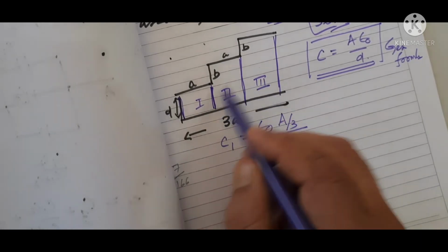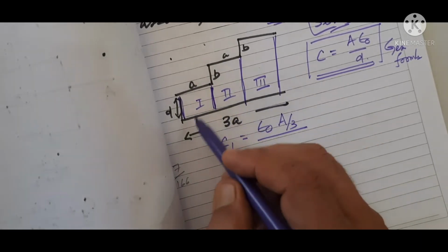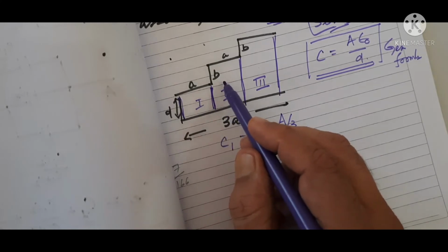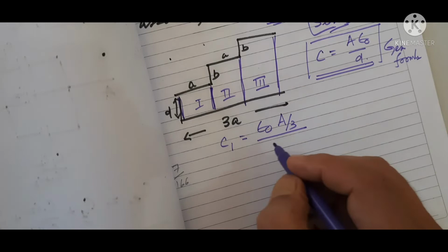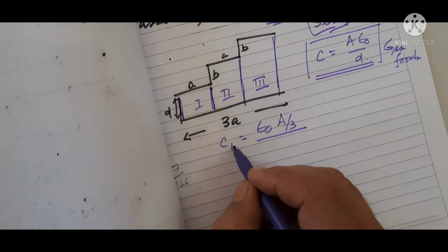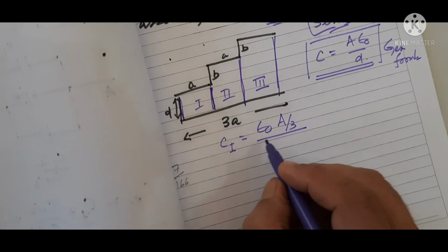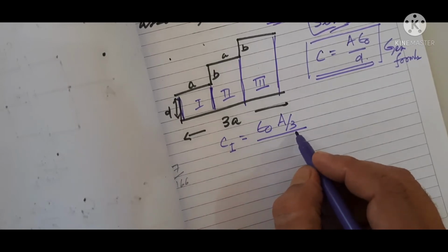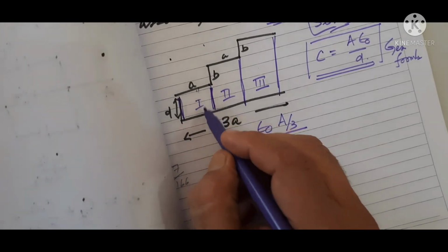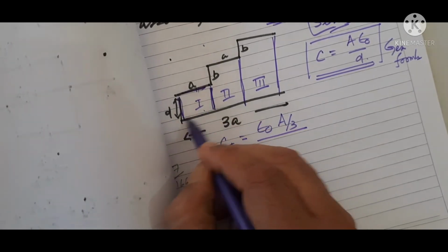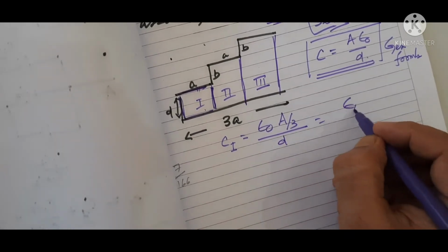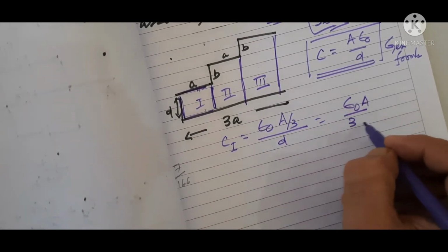So the total is A, then the first one has A by 3, the second one A by 3, the third one A by 3. So for the first one, epsilon naught into A by 3 by D, where the separation between this plate and this plate is D. So we can write epsilon naught A by 3D.